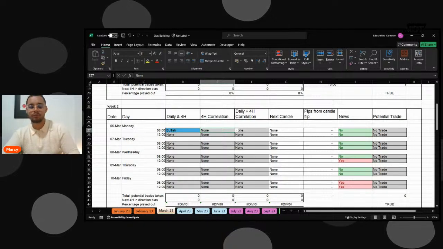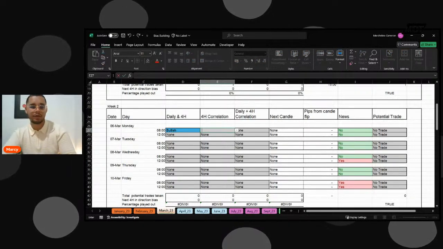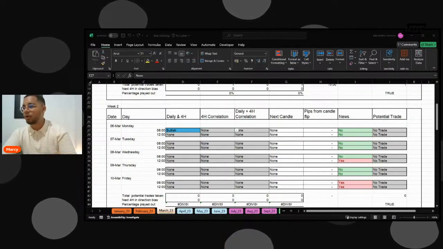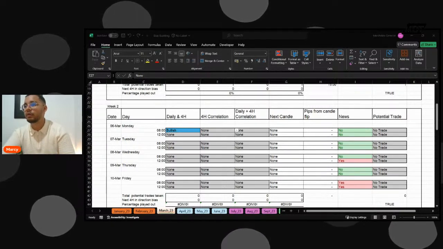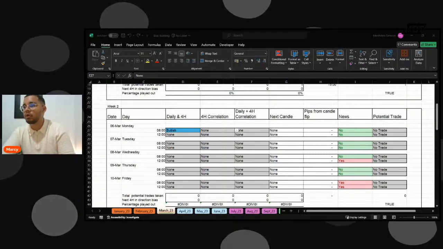Let's check what 4H correlation has to say. So we go to GU. That's a doji candle. It's still bullish though. Bullish. That's 3 bullish candles.